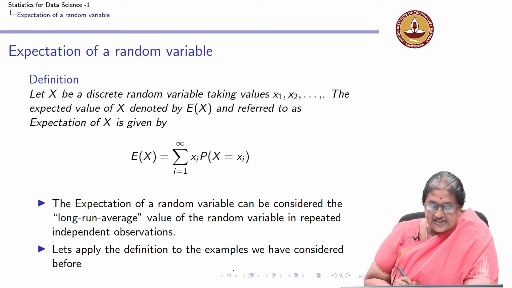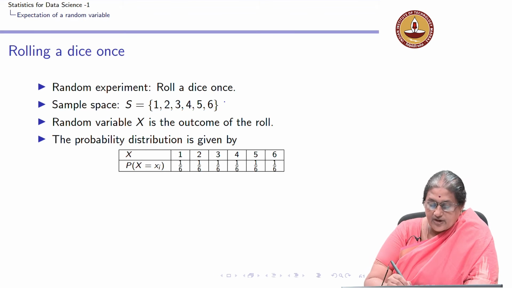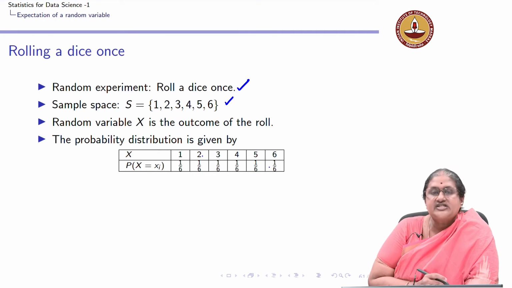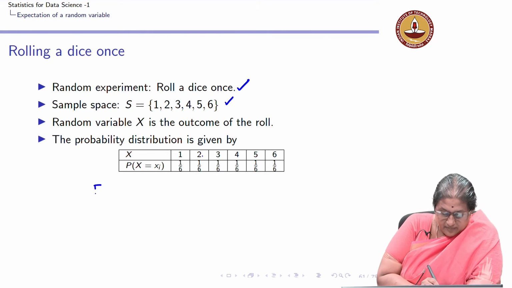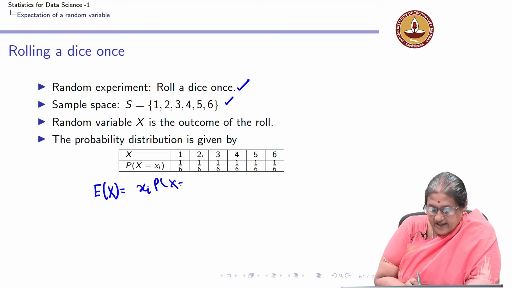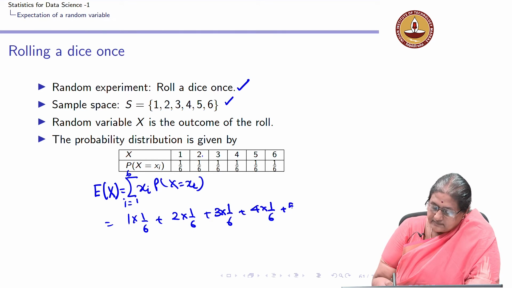Let us look at a few examples to understand this concept. Again, I roll a dice once, I know the sample space is 1, 2, 3, 4, 5, 6. The outcomes are equally likely with these probabilities. So, from my definition, the expectation of x is the summation i going from 1 to 6 of xi, probability x equal to xi, which is going to be 1 into 1 by 6 plus 2 into 1 by 6 plus 3 into 1 by 6 and so on up to 6 into 1 by 6.